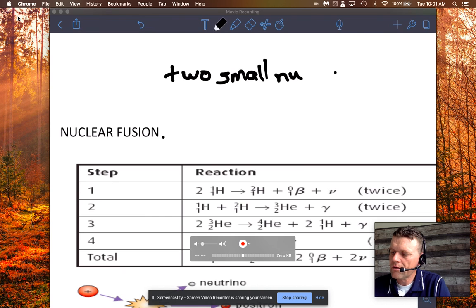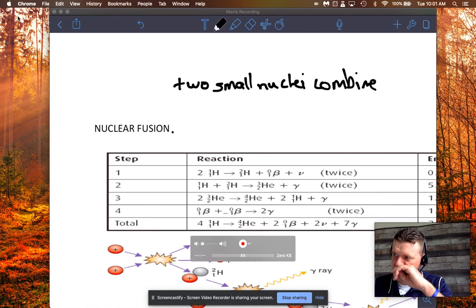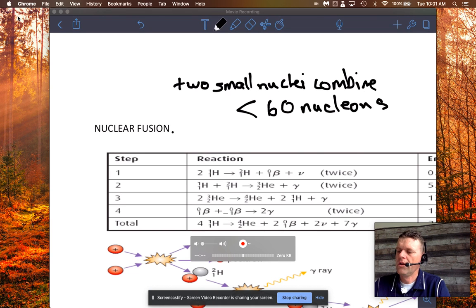I'm going to add that though. Combine. And what you should know is they combine to a nuclei less than 60 nucleons. Okay, so fusion naturally happens less than 60 nucleons.